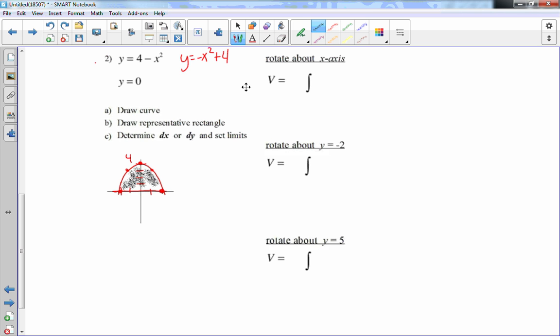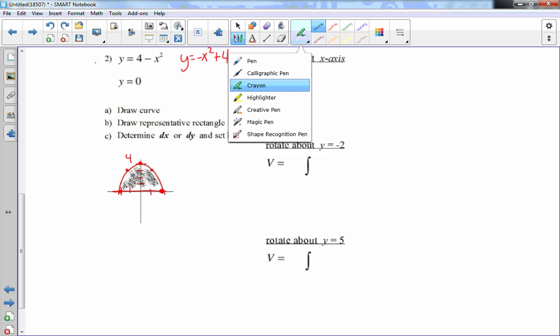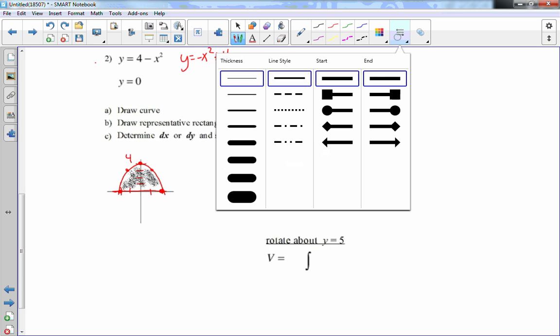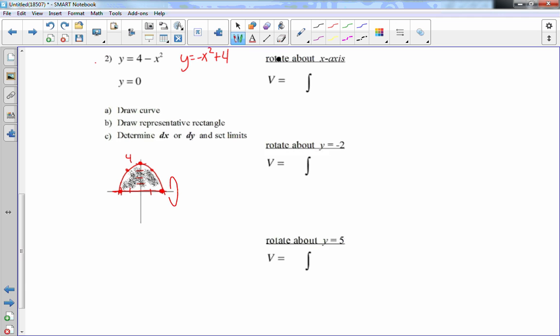Okay, first of all, determine should we find the volume with respect to x or y. X. X will work just fine on this one. Okay, so we're still getting a disk, a circular disk, right?